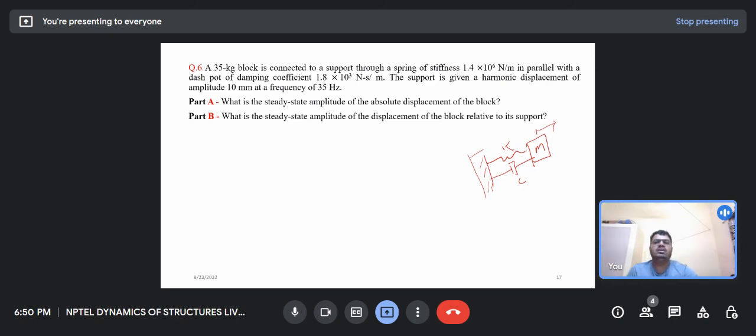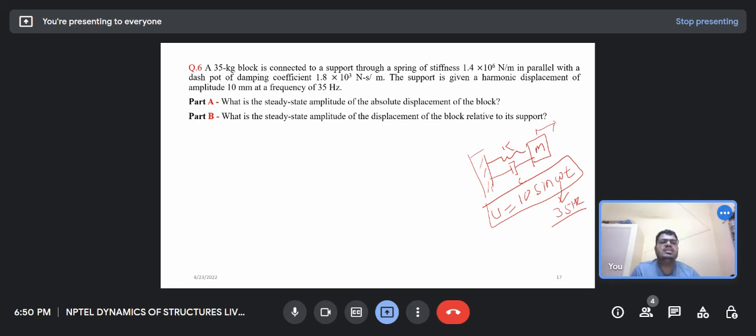The support is given a harmonic displacement of amplitude 10 mm. The harmonic displacement is given to you, 10 sine omega t, where omega is given to you as 35 hertz. So the motion of the support is given to you. We have to find what is the steady state amplitude of the absolute displacement of the block.